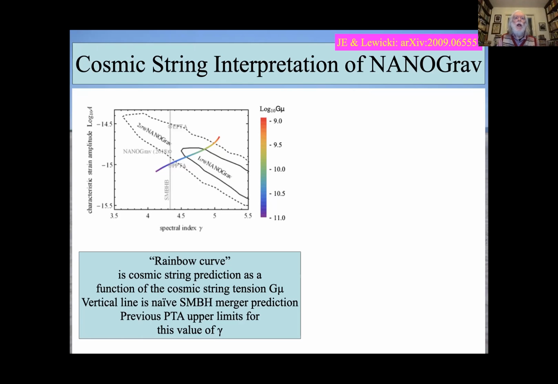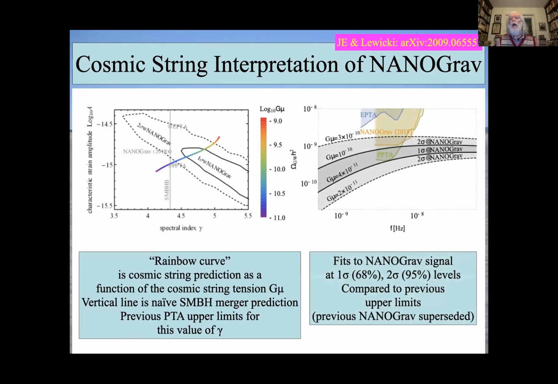So the supermassive black holes would make a prediction corresponding to that vertical gray line, whereas the cosmic string interpretation predicts something along that rainbow-colored line, which cuts through the 1 sigma NANOGrav preferred region. And that would correspond to a cosmic string tension of the order of a few times 10 to the minus 11 to 10 to the minus 10.